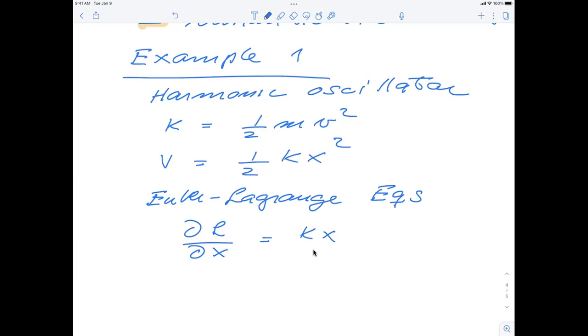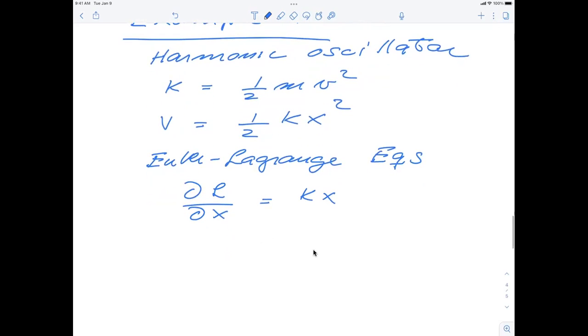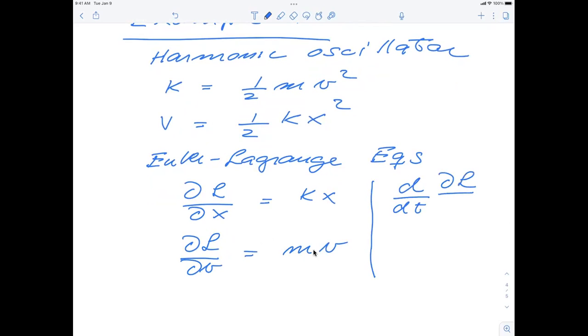That's one term. Now the next thing we need is to take the derivative with respect to the velocity. When we take the derivative of that one, we get a factor of 1/2 because we have v squared. So we get m times v. And the final thing which we need is then to set up d/dt of dL/dv.